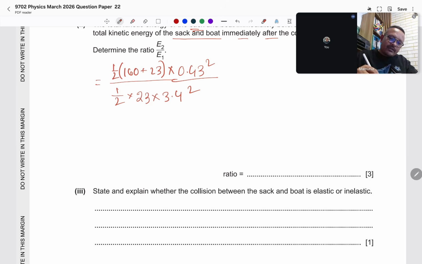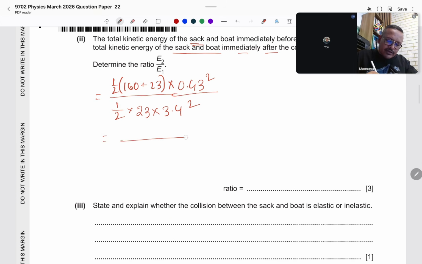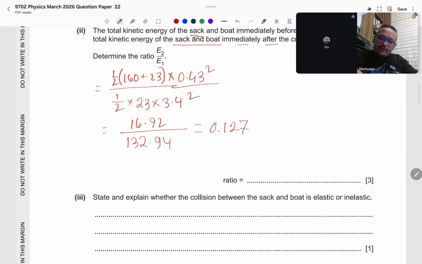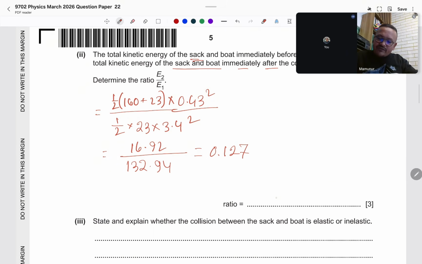Now again, if we use a calculator here, we are getting the values 16.92 and 132.94, and the final answer is 0.127, means the ratio is definitely two significant figures, 0.13. See, ratio means only decimal values, not more than that.